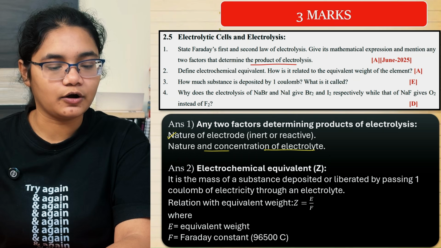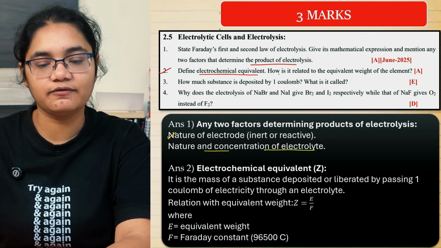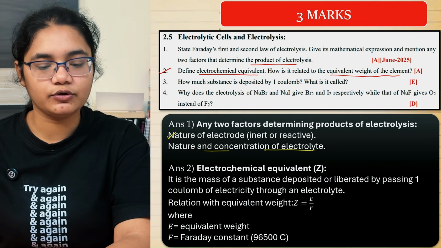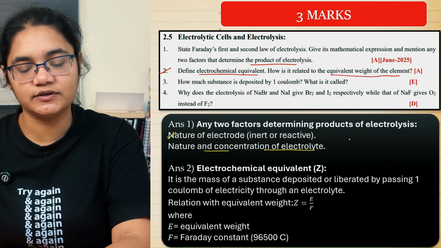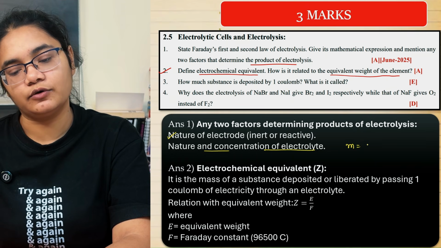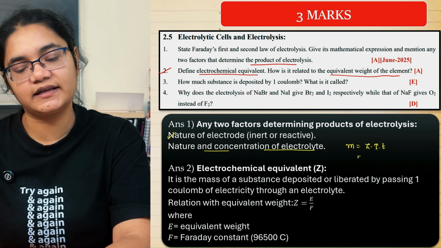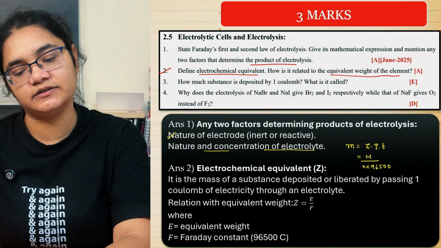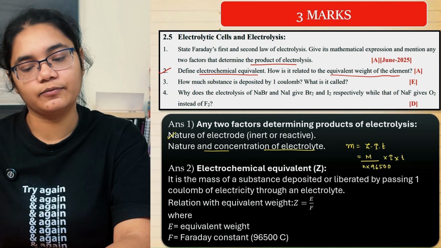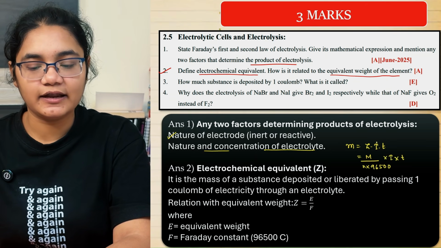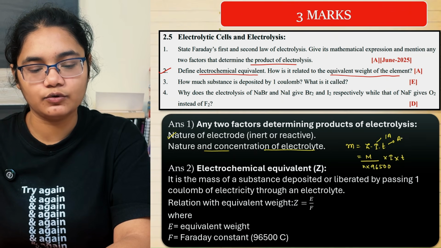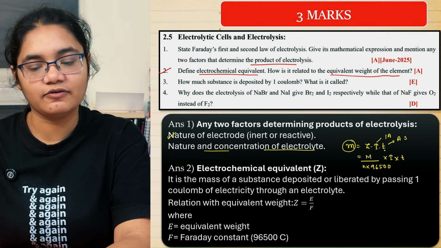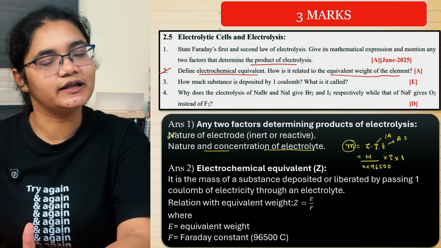Next is question number 2. Define electrochemical equivalent and how it is related to the equivalent weight of the element. Electrochemical equivalent is the mass of the substance. If you see, M = Z I T, so Z = molar mass divided by (n x 96500) x I T. If I take I equal to 1 ampere and time equal to 1 second, then whatever mass is deposited when 1 ampere of current is passed for 1 second is called the Z value.